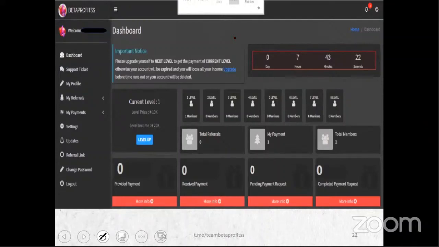Immediately you receive your first and second payments, you see this timer here. It now shows up on your dashboard, giving you what? 24 hours to upgrade that account.